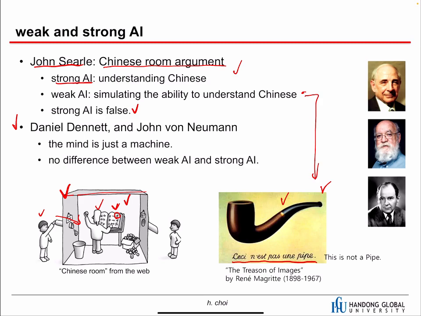There's no strong AI and weak AI. There's no difference between these two. Okay, so the human mind is also just a machine. So if we make a machine which can behave equivalently to a human, then that is enough. There's no difference. Okay, so when we develop AI, probably pretty much we follow this kind of perspective.